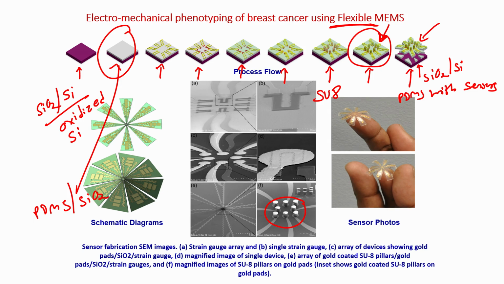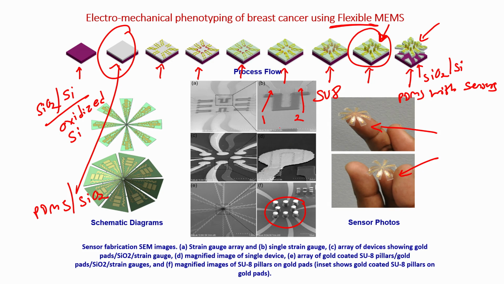Now, if you see on the right side, what do you see? This is the detached device and it is flexible. So, how many contact pads would be there? For a strain gauge we require 2 pads, you can see 1 and 2. And how many pads for electrodes?